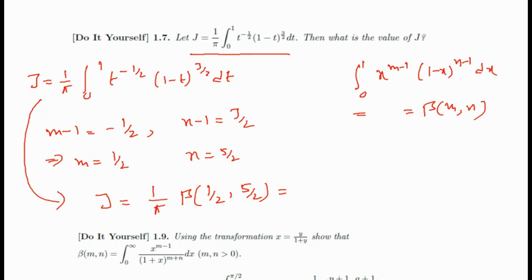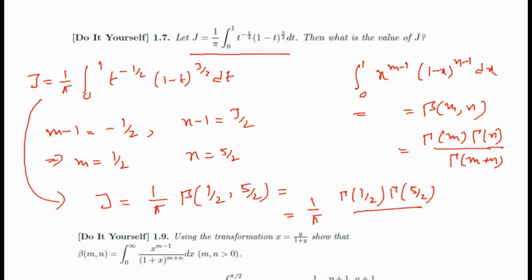Now the relation between beta and gamma is beta(m, n) equals gamma m into gamma n by gamma(m plus n). And as you can see, this is 1 by pi, so gamma half into gamma 5 by 2 by gamma(half plus 5 by 2), that means gamma 3.